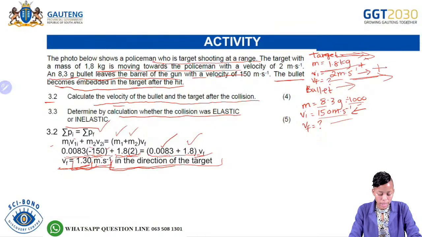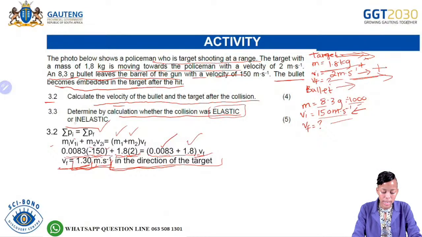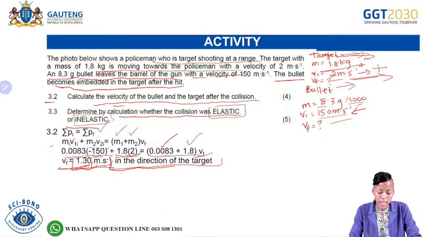Then from here, 3.3, it says determine by calculation whether the collision was elastic or inelastic. So you need to understand the meaning of these two words, elastic and inelastic.